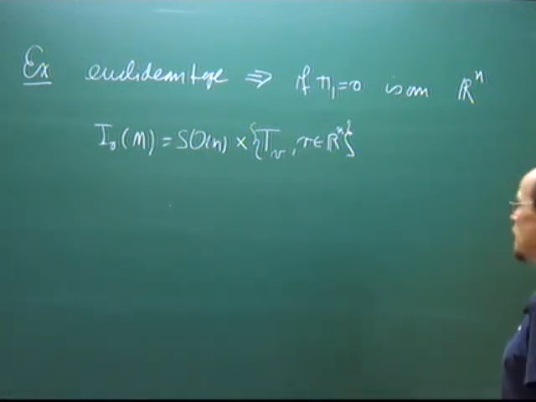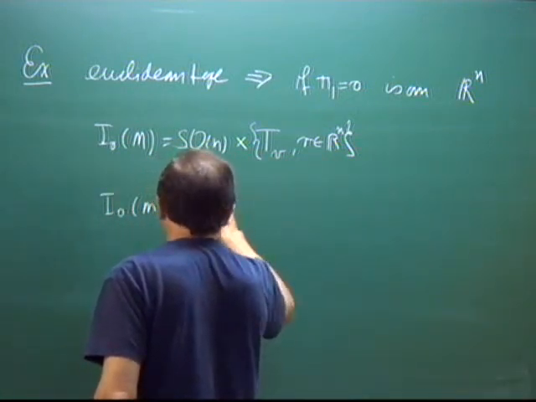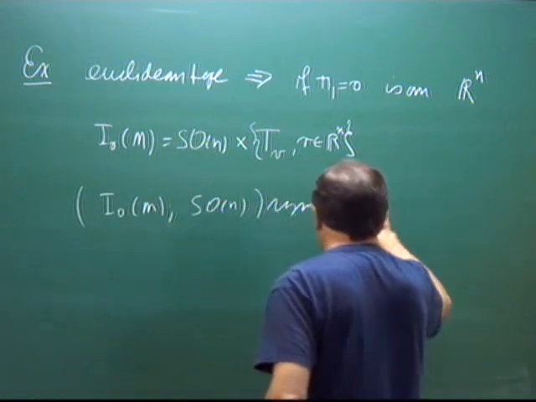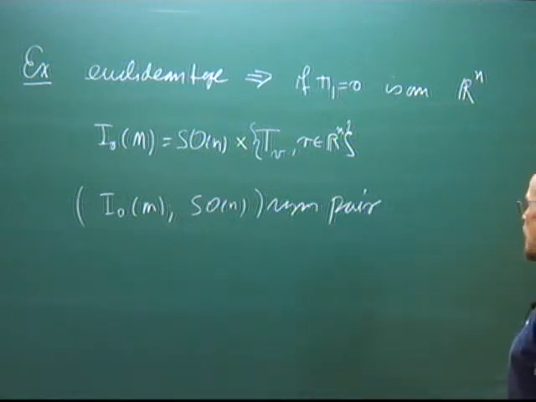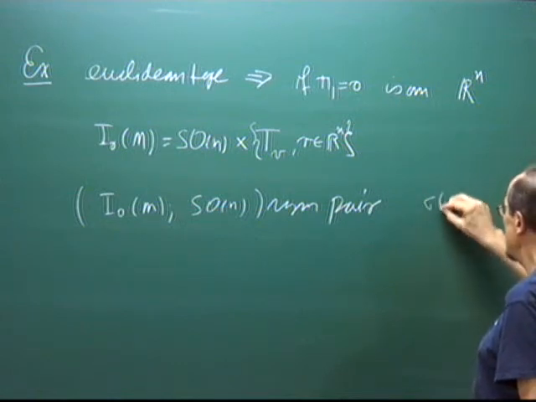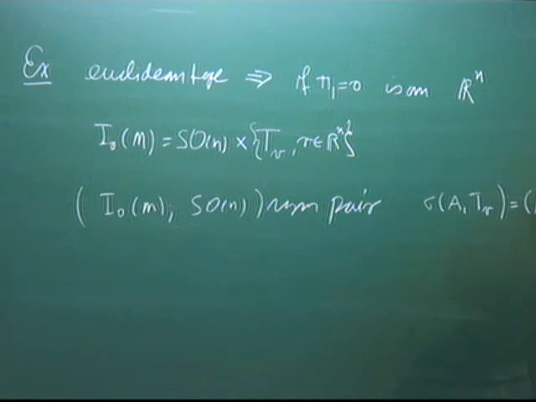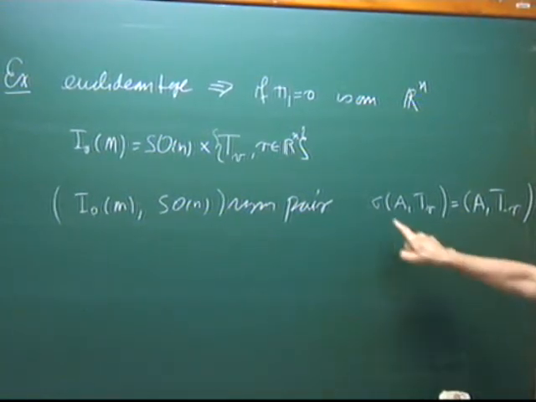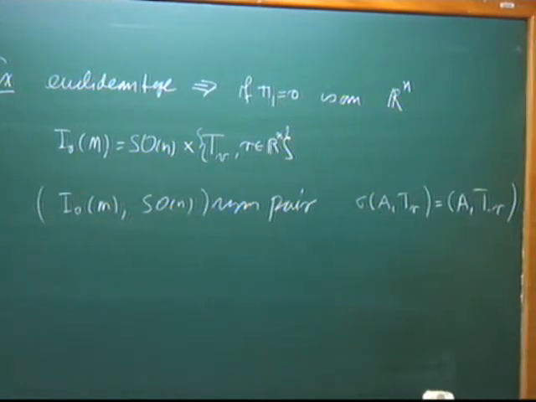And this was a symmetric pair, so I0(M), SO(n) was then a symmetric pair, as it always is the case. And then the involution sigma was sigma of rotation, translation equals rotation, translation by minus b. So that the plus one eigenspace, that's my SO(n), and that's my fixed point set.